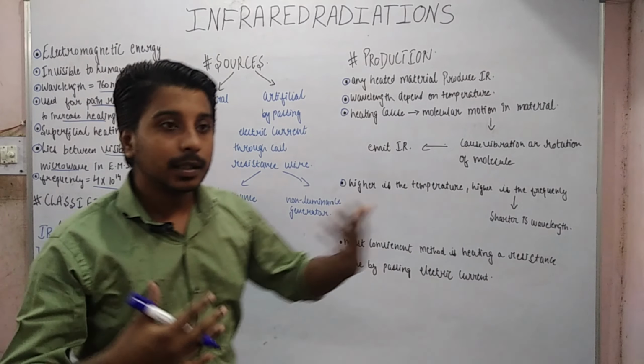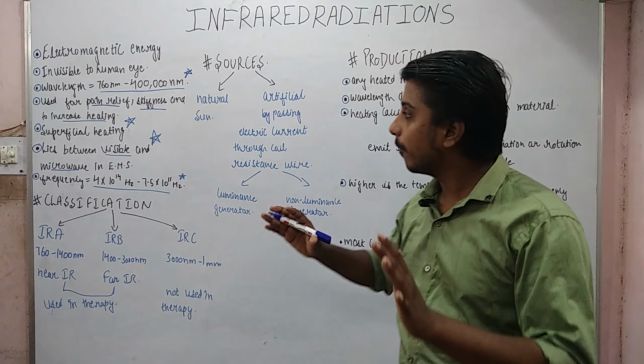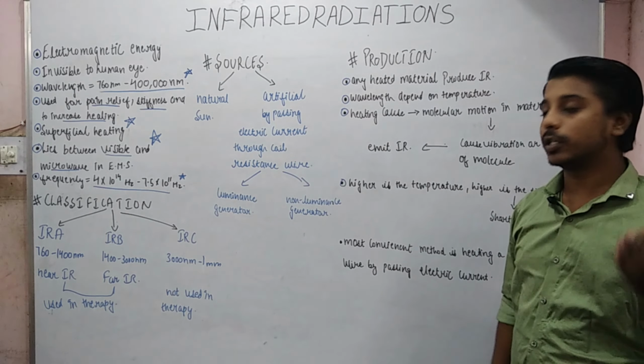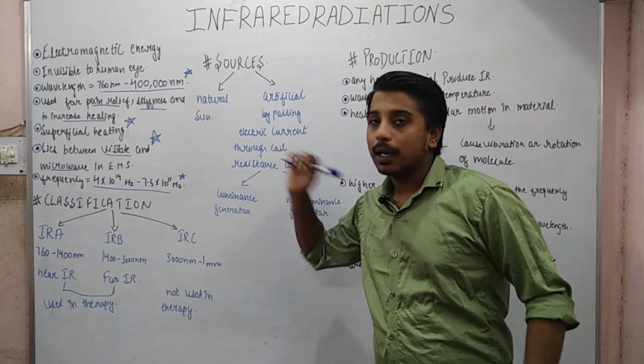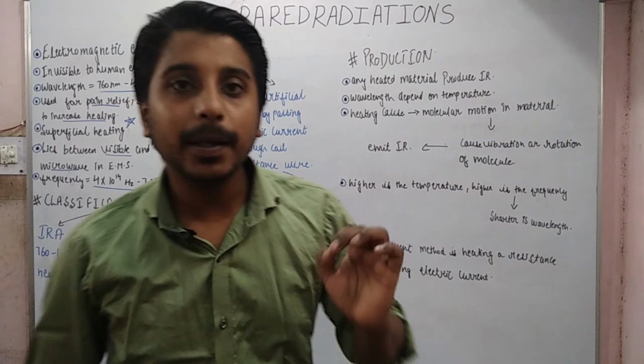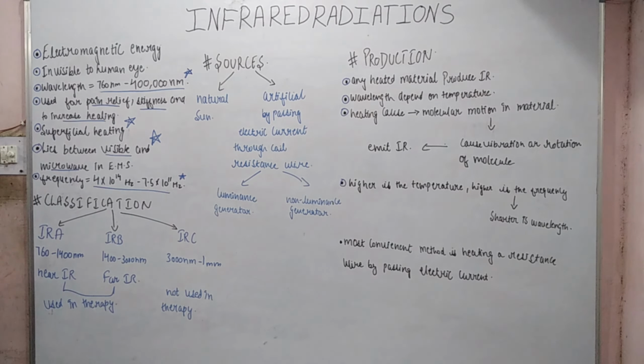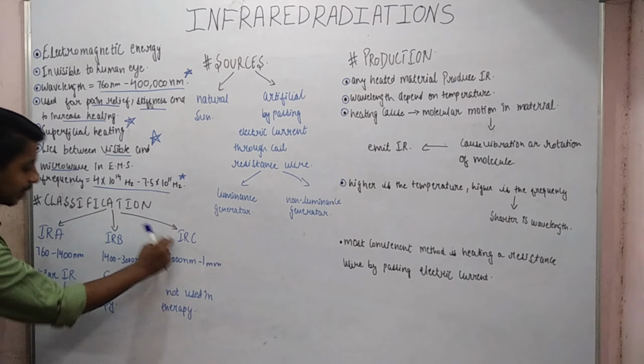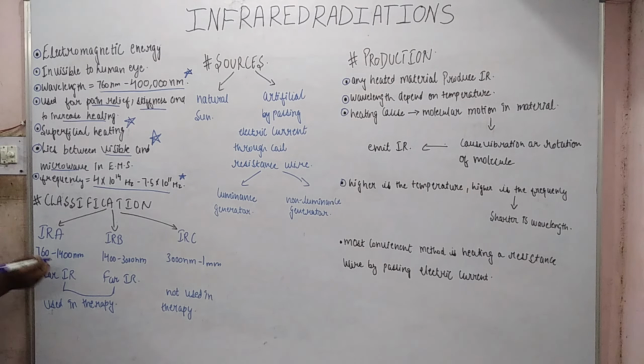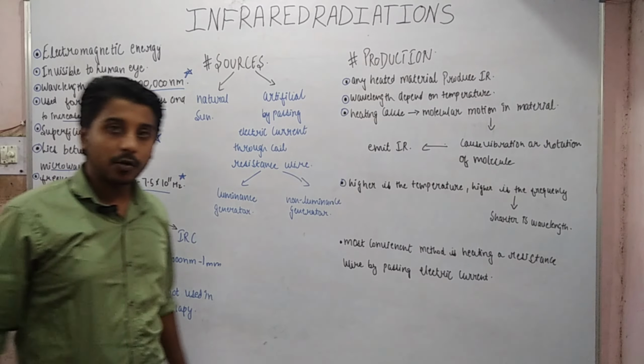Now I am starting the lectures. Along with that, I will tell you the questions which are arising. Then classification. Simply it is classified into IR A, B and C, and these have different wavelengths. IR A has a wavelength of 760 nanometer to 1400 nanometer.